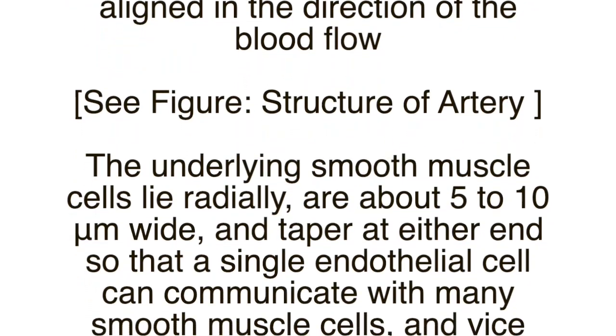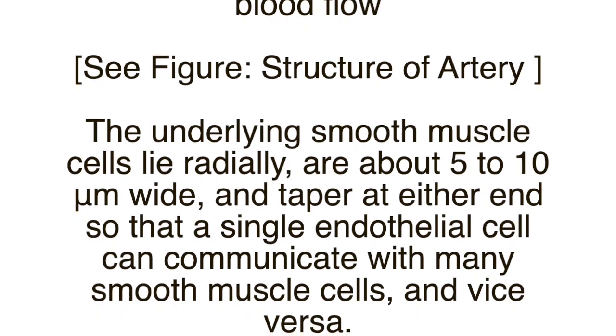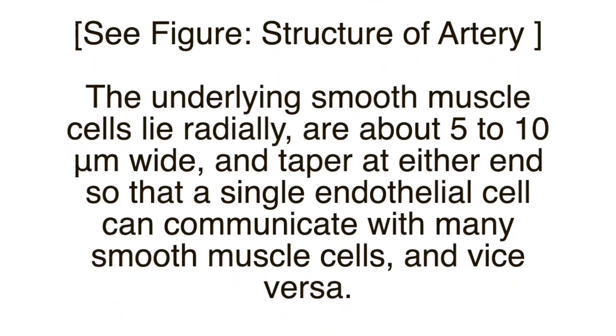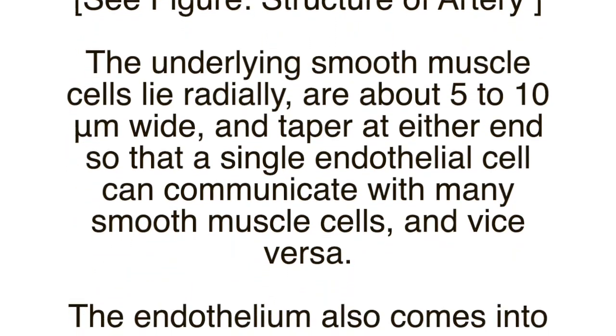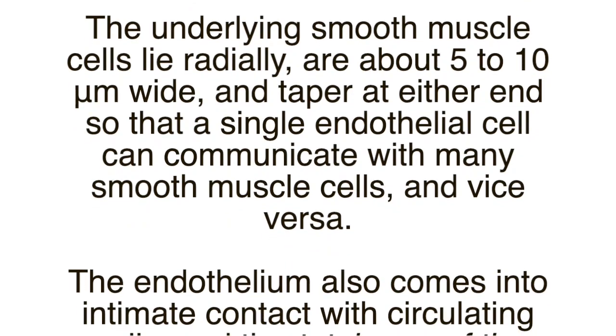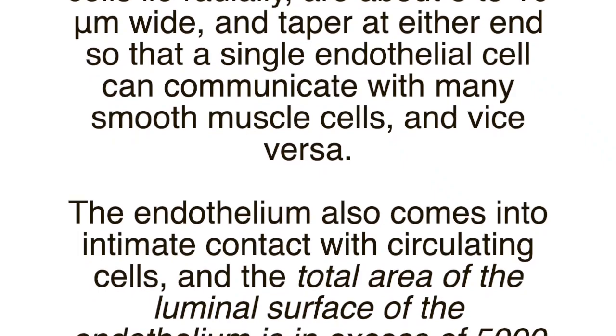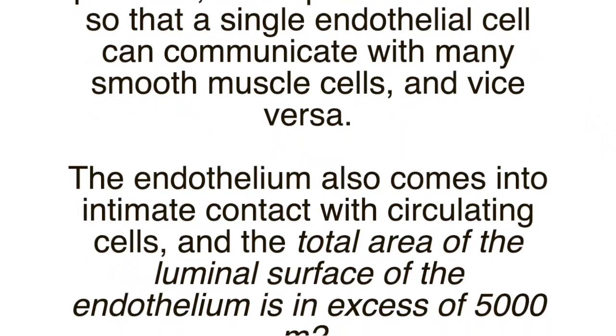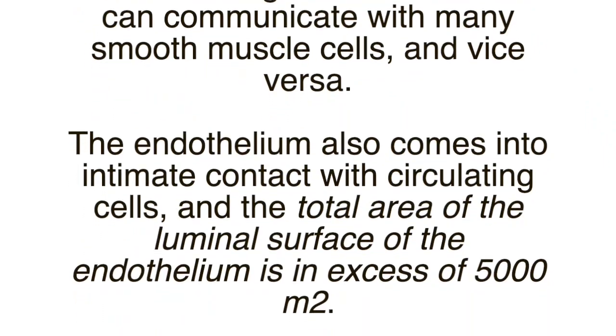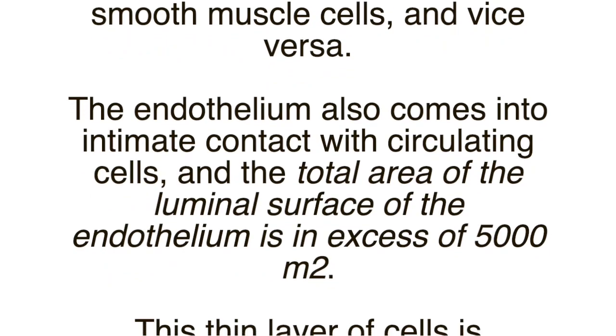Recall the structure of artery wall earlier. The underlying smooth muscle cells lie radially, about 5 to 10 micrometer wide, and taper at either end so that a single endothelial cell can communicate with many smooth muscle cells and vice versa.